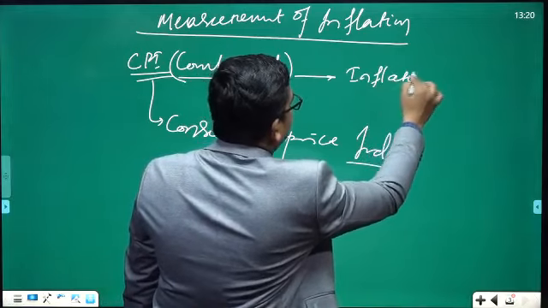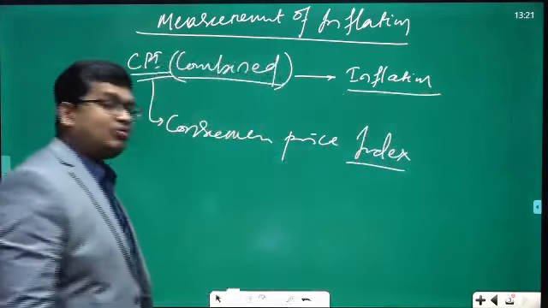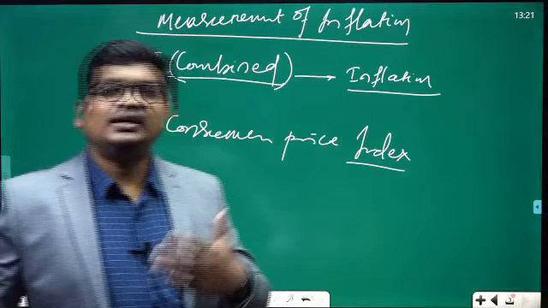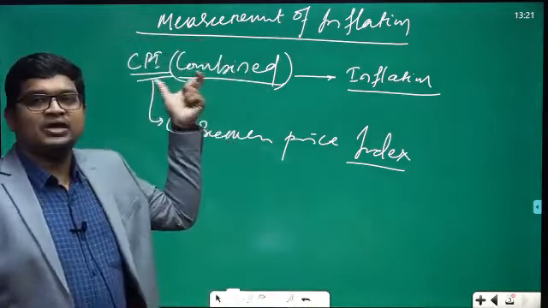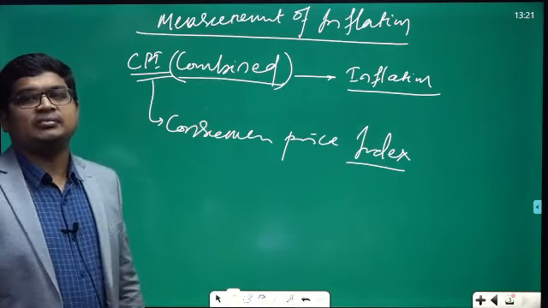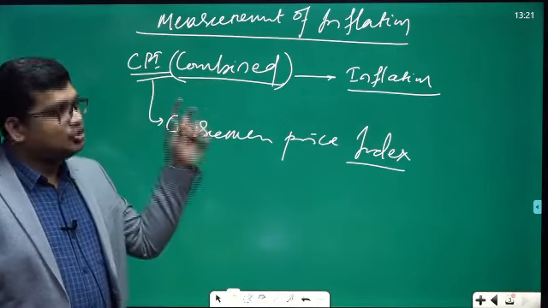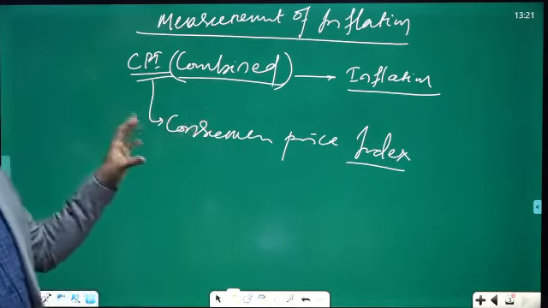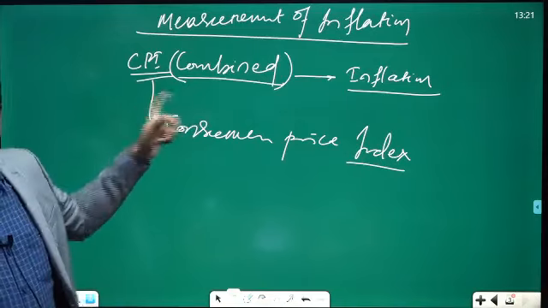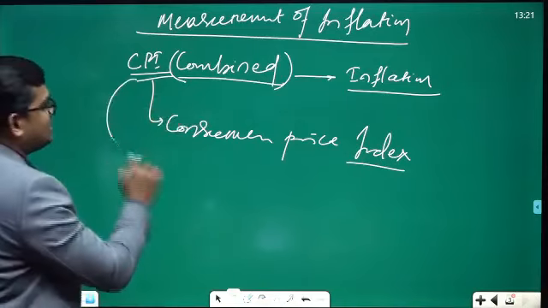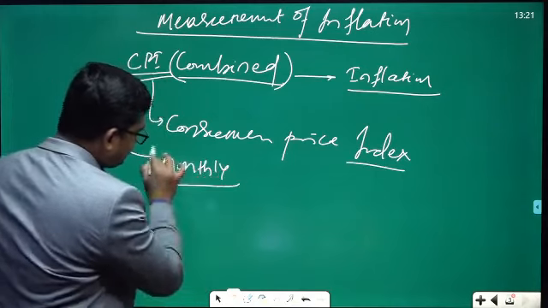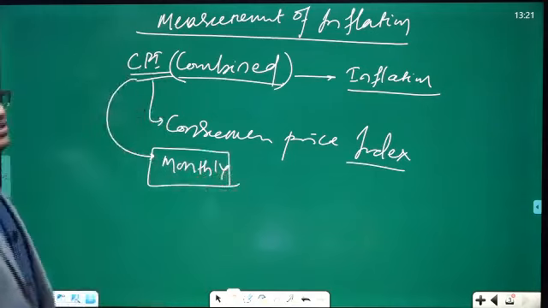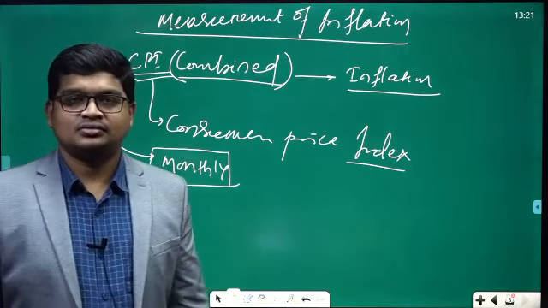So whenever RBI wants to measure the prevailing inflation rate in our country, it is CPI combined. You can measure through this CPI combined. This is one such index through which inflation can be measured, and it is measured on a monthly basis.